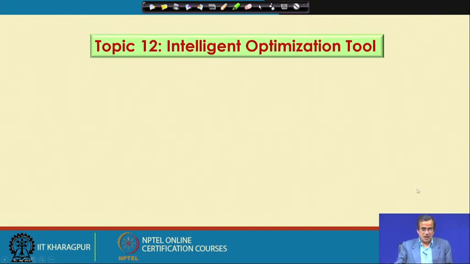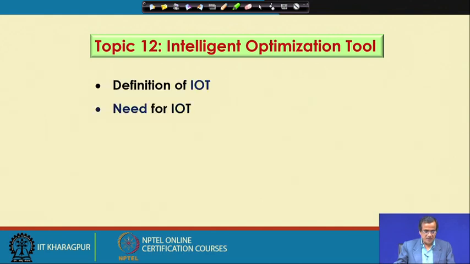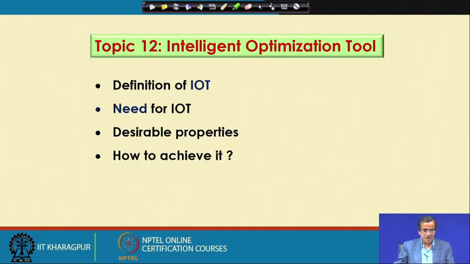Now, then comes the concept of the intelligent optimization algorithm. In short, this intelligent optimization tool is a robust optimization tool, which can tackle a variety of optimization problems, and its performance should not depend on the function. We generally face some very complex real world optimization problems.